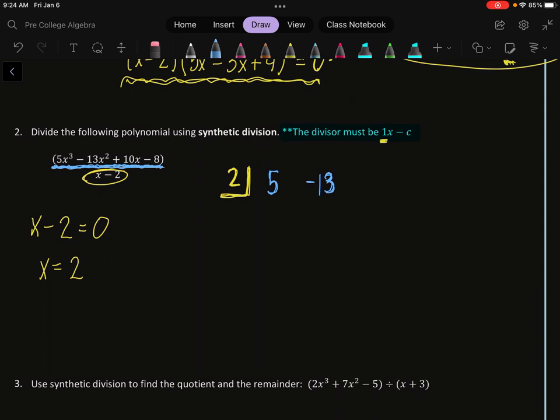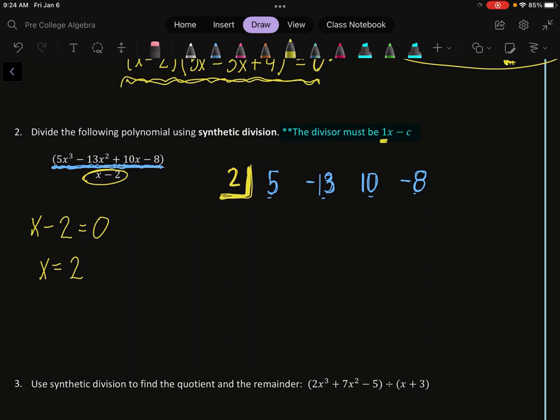And then we're going to do positive 10 and negative 8. Okay, so you see we're just lining up the coefficients as they were in the numerator. And then we're dividing it right here by the 0 of the denominator.